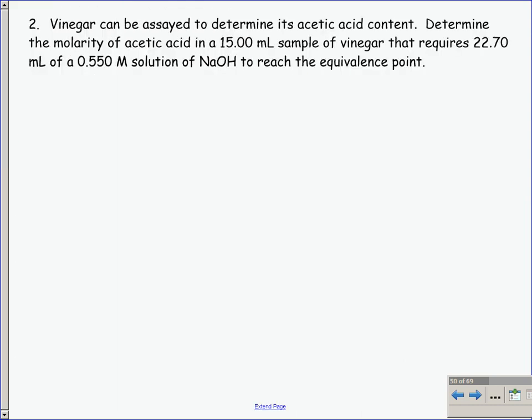This one. If you don't understand a word up there, let me know. The word assayed means to test, to analyze, to experiment. All right, please read the question and go through your process one more time.